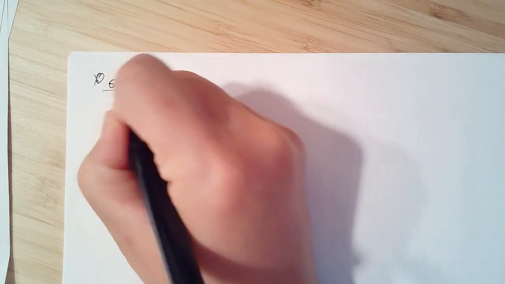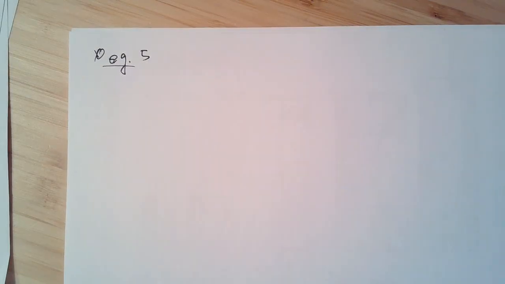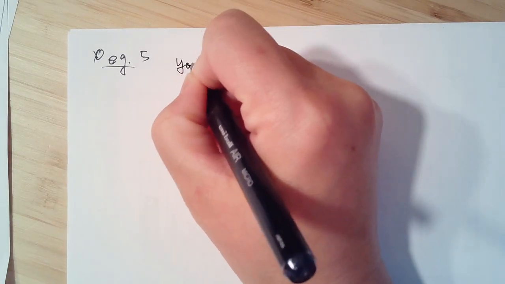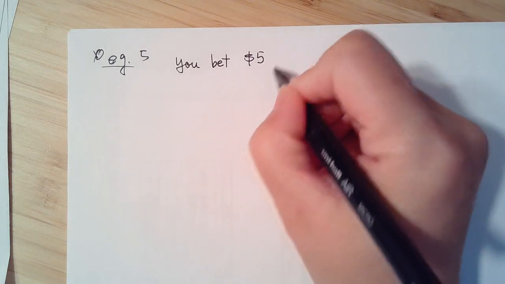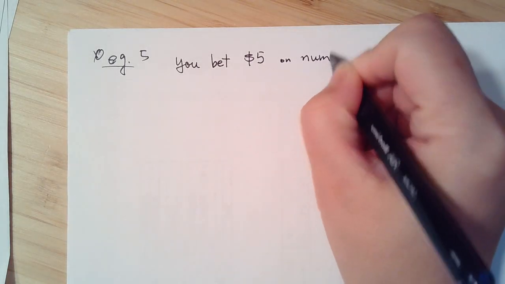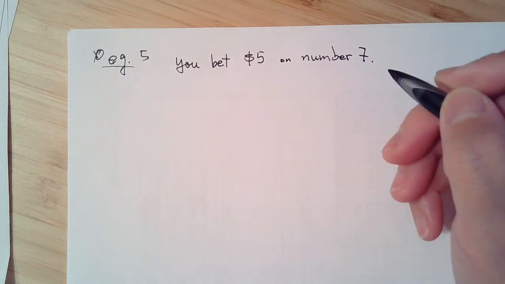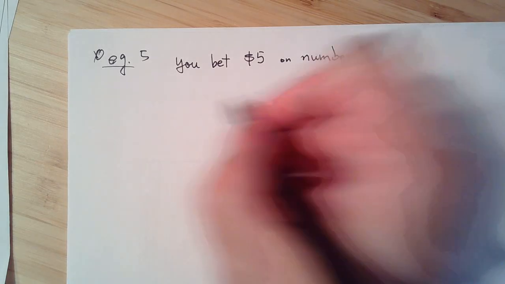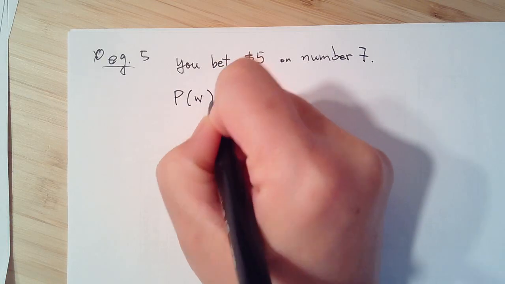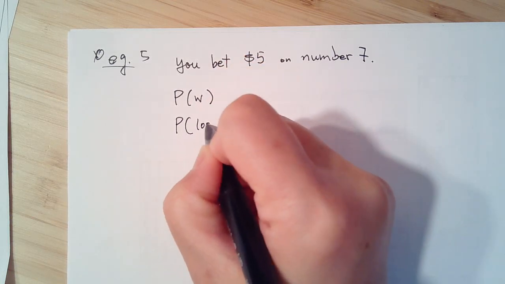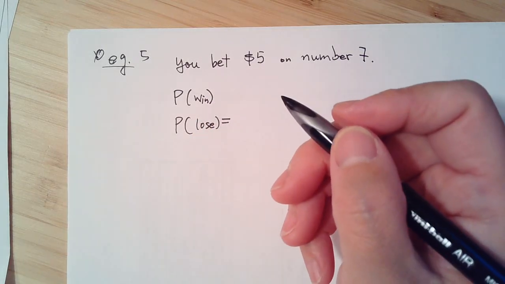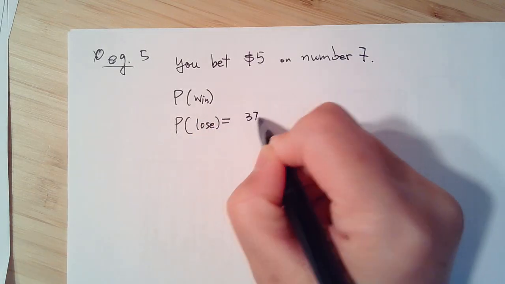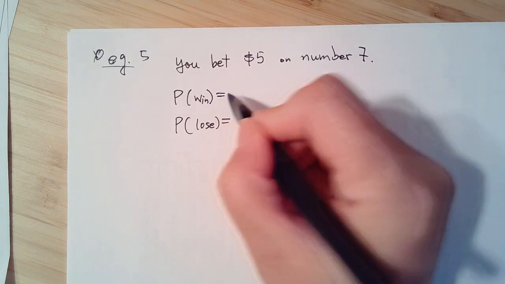When we talk about odds, you bet $5 on number 7 in a roulette, and there is the probability of a win and the probability of a loss. I give you this probability. The probability of a loss is 37 over 38. It's really high. And the probability of a win is 1 over 38.